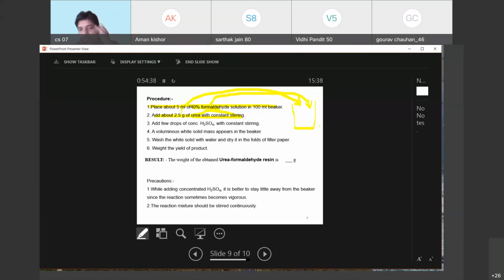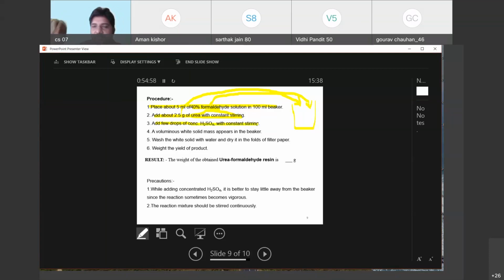Okay, and after adding formaldehyde and urea, we will add few drops of concentrated sulfuric acid with constant stirring. Okay, so we added 3 things.